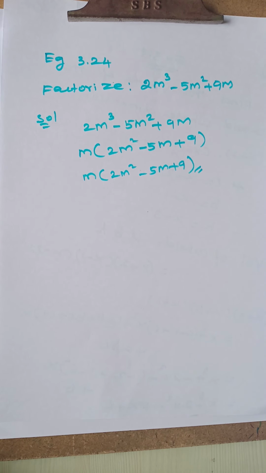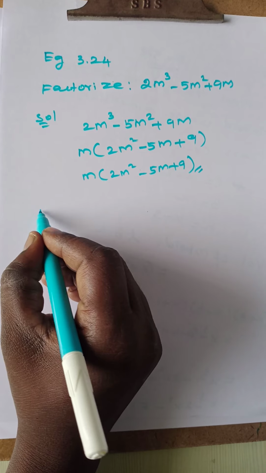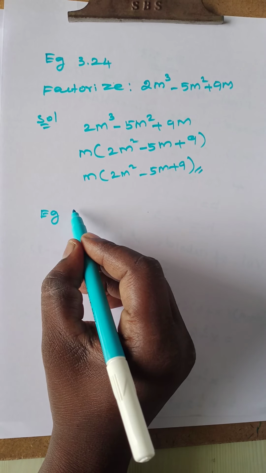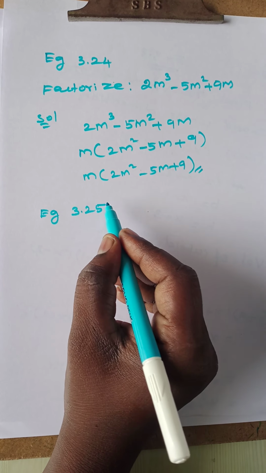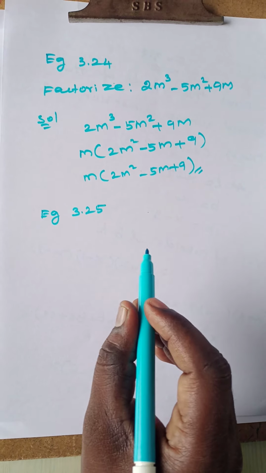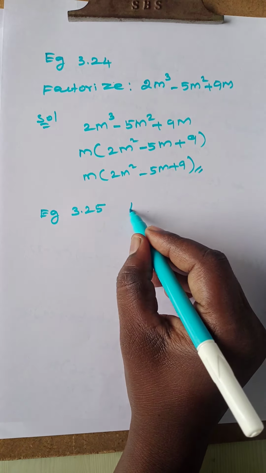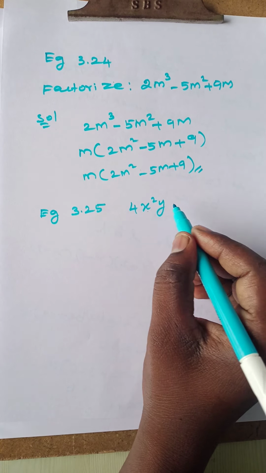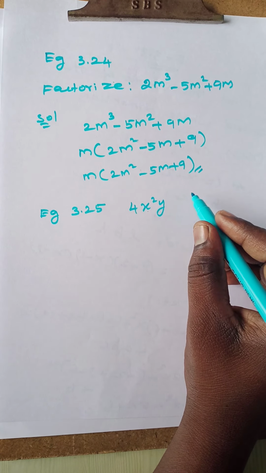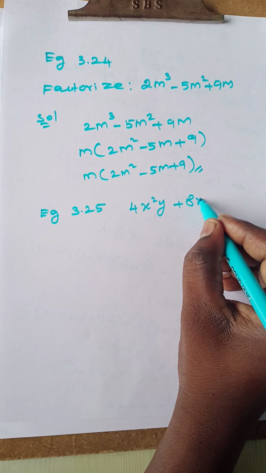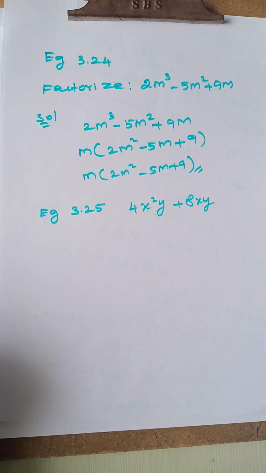Next, example 3.25. That is 4x squared y plus 8xy.